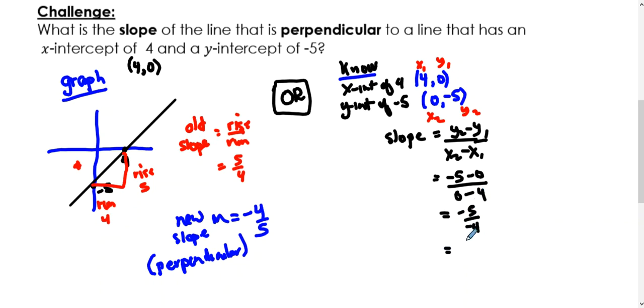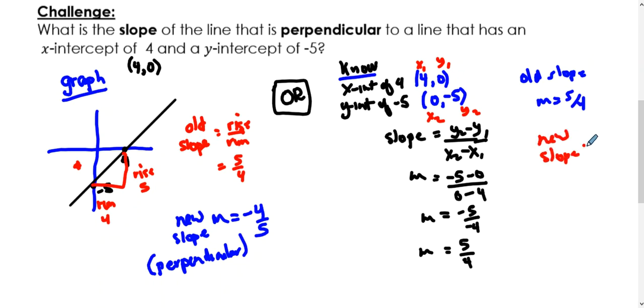If I get rid of the negatives, there's my old slope. So my old slope is m equals 5 over 4. Well, my new slope, again, has to be -4 over 5.